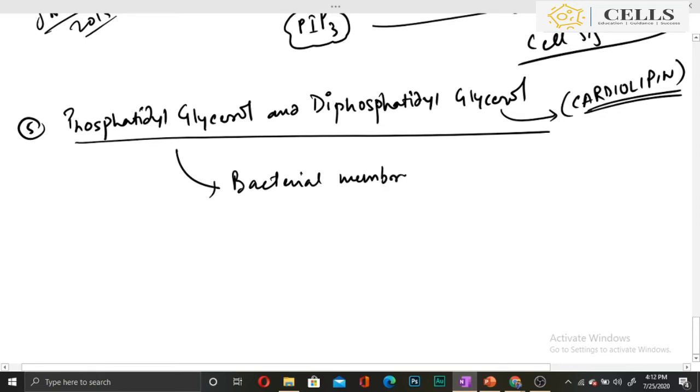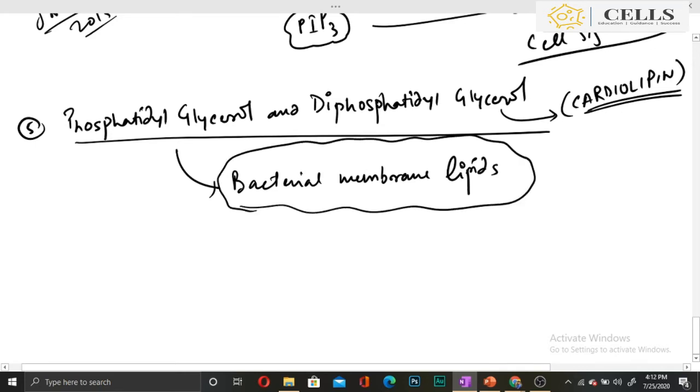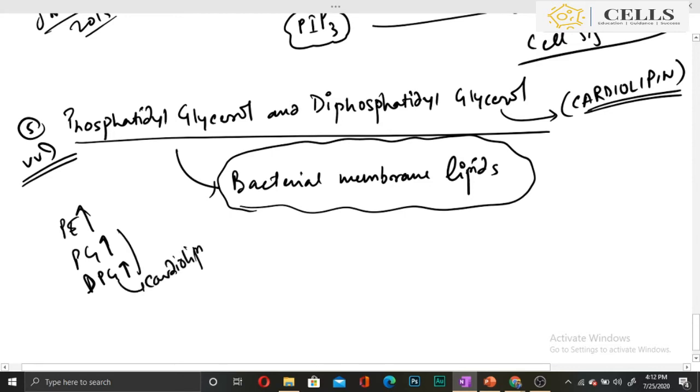So which kinds of membrane lipids are found in bacteria? You will say PE, PG and DPG, which is called cardiolipin. This question has been asked in HU. These things are very important.